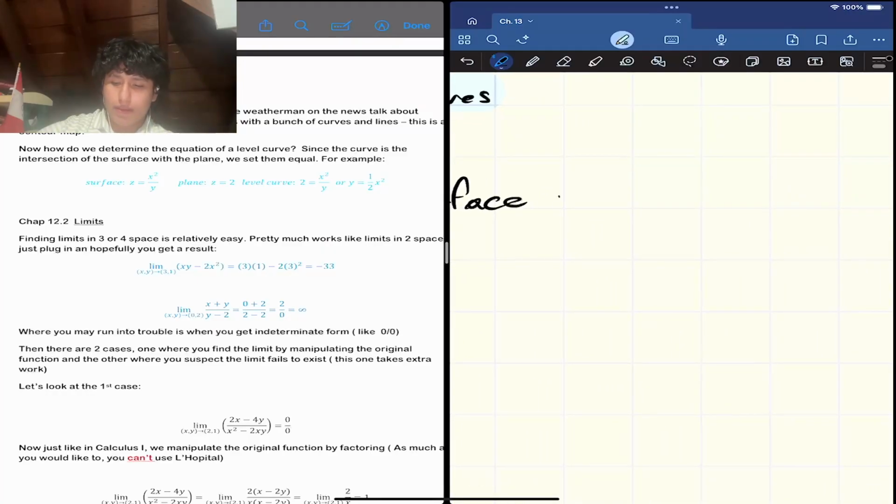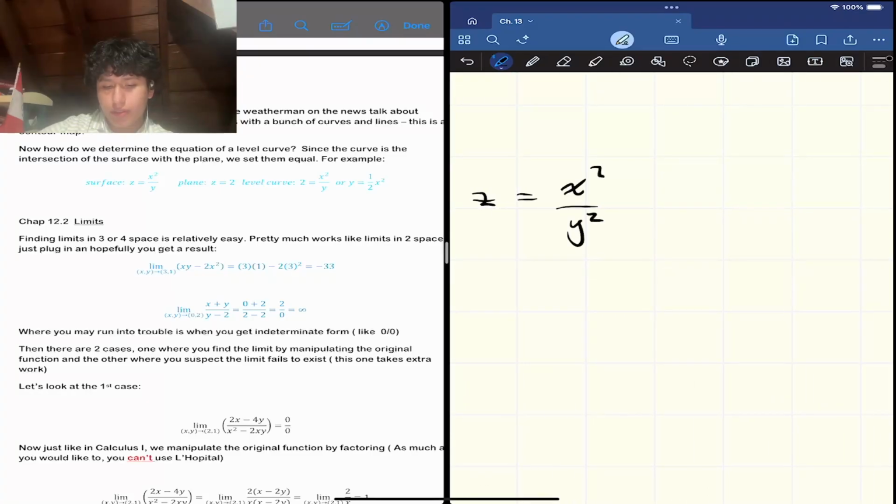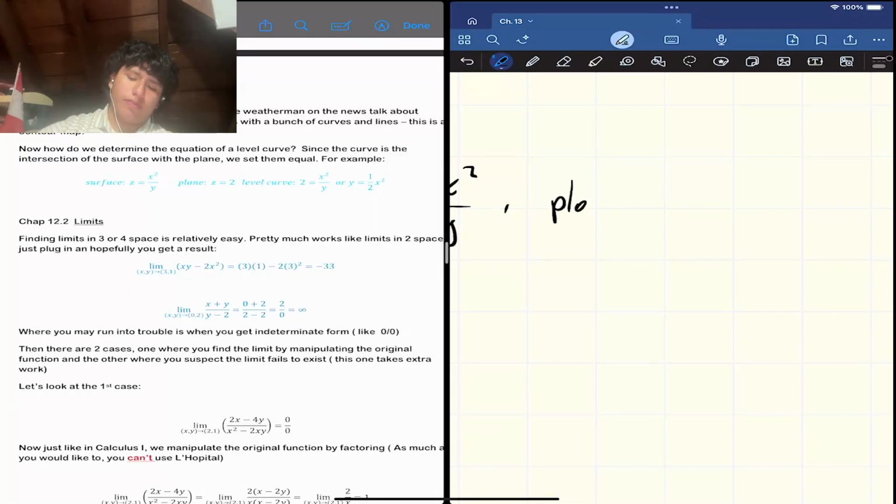In this case we get z is equal to x squared over y. Here we're trying to find the intersection with the plane z is equal to 2.